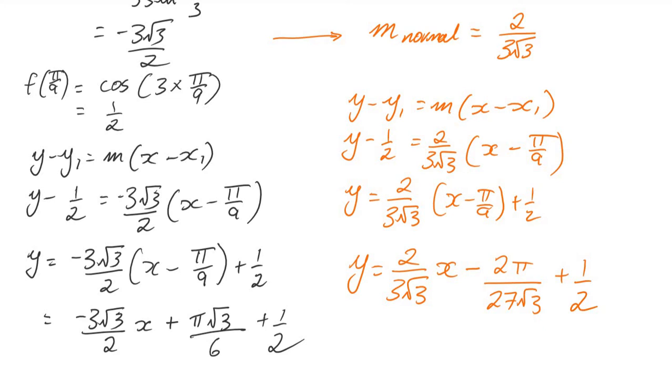Okay, and now you have the equation of the tangent and the normal in the form y equals mx plus c. There's the gradient. There's the y-intercept. There's the gradient. There's the y-intercept.